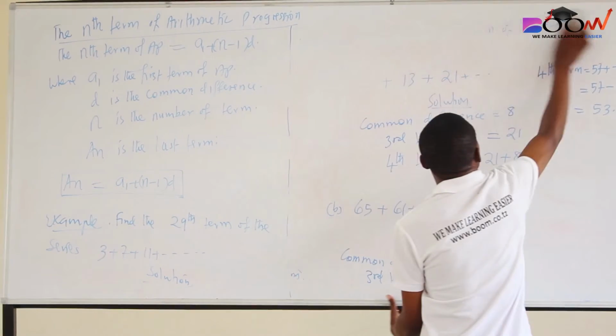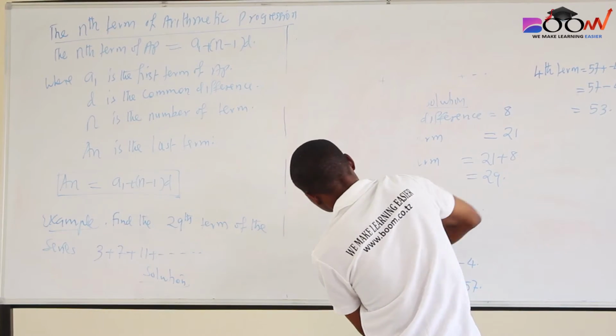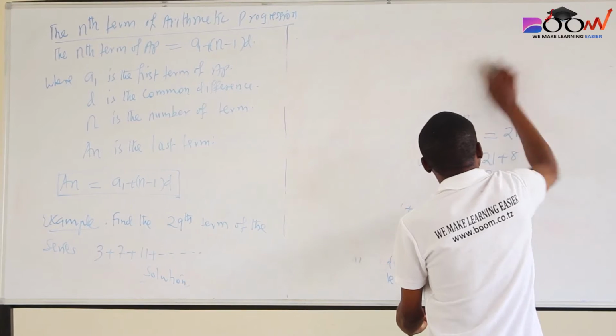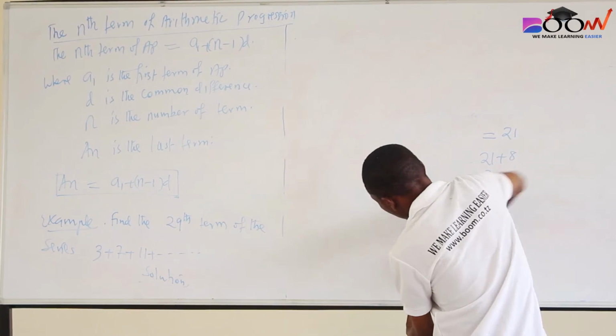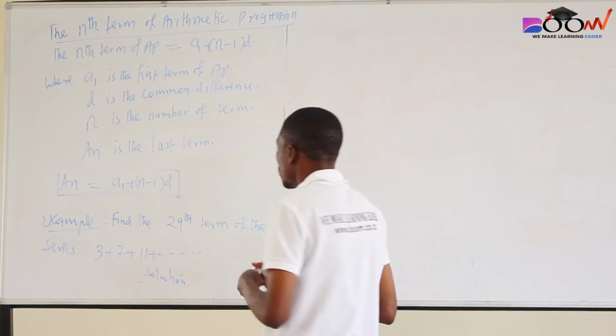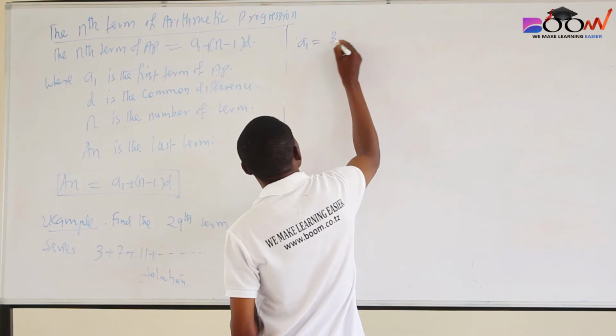In order to use our formula, first you have to look at the data given. What have you been given from the question? You have been given the first term, which as I defined in our formula is a1. The first term here is 3.